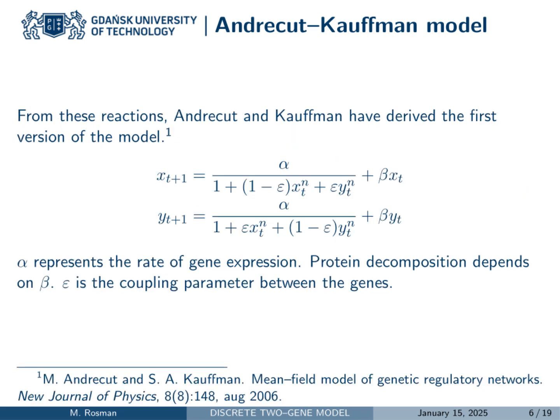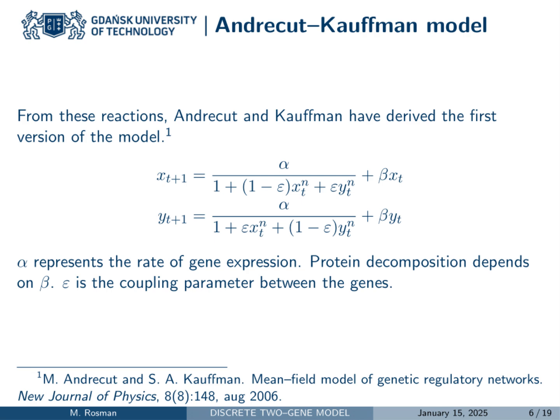From these reactions, the following two-dimensional discrete time model can be derived. As we can see, it consists of two equations. The x represents the concentration of protein X in solution at a point in time t, and y is the same for protein Y. The parameters alpha, beta, and epsilon correspond to some physical properties of the genes and of the cell itself.